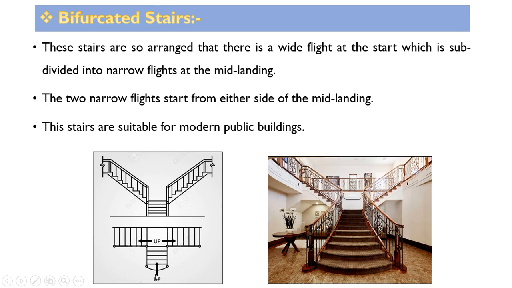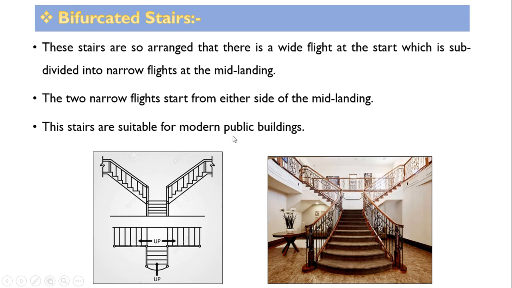It is not predominant in this sketch, but the first flight should be wide, and at the mid landing it is subdivided into two flights, one going left and one going right. The two narrow flights start from either side of the mid landing.